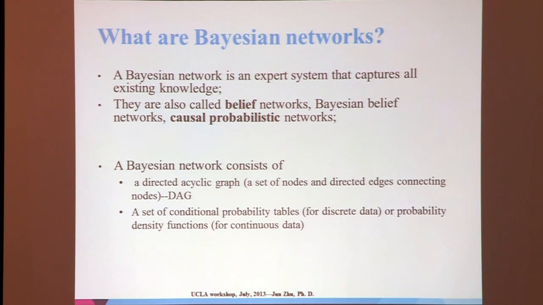I'll talk later about why this is required. And then there's a graph part, and there's the probability part. Not only do you have a graph, but you have a set of probabilities to describe each node, and this probability table mainly describes the relationship from the edges linked to one node.